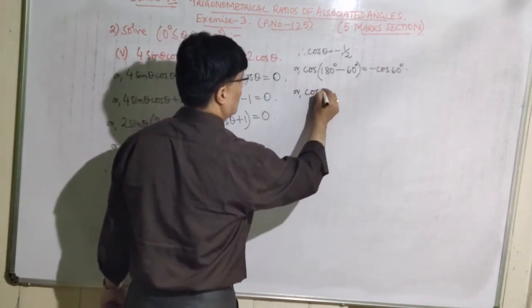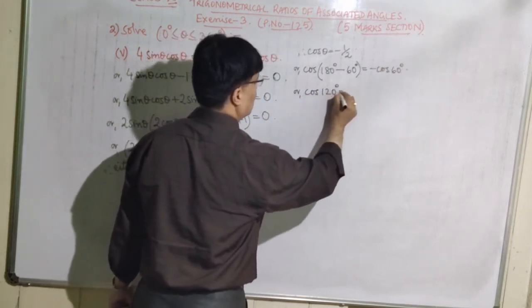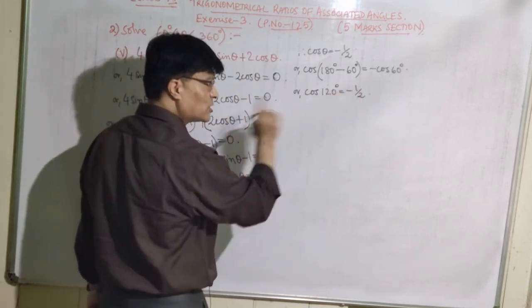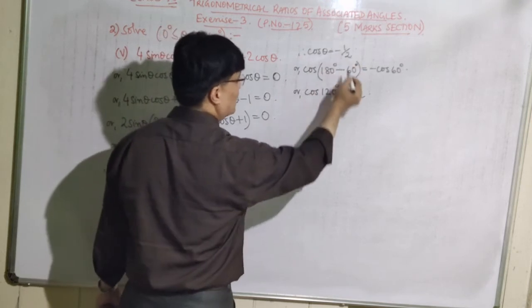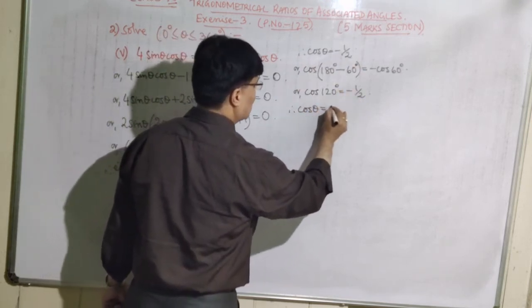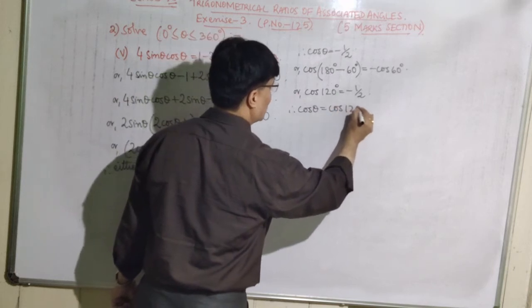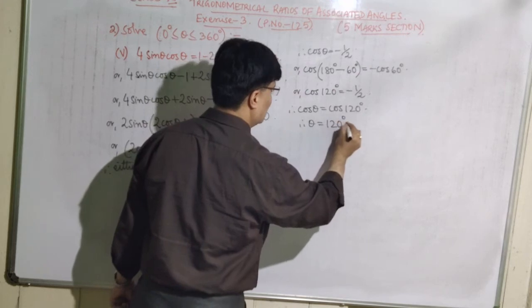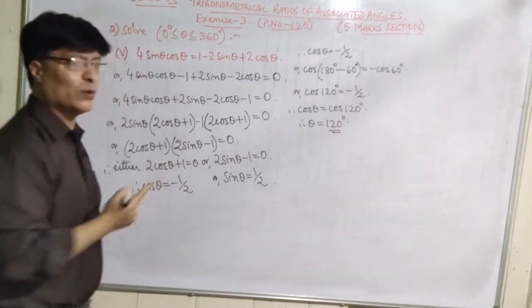Or this is cos 120 degree is equal to minus half, right? Is that clear? Cos 60 is half. So now since right hand sides are equal, left hand sides must be equal. That is cos theta is equal to cos 120 degree. That is theta is equal to 120 degree. We have got one of the answers.